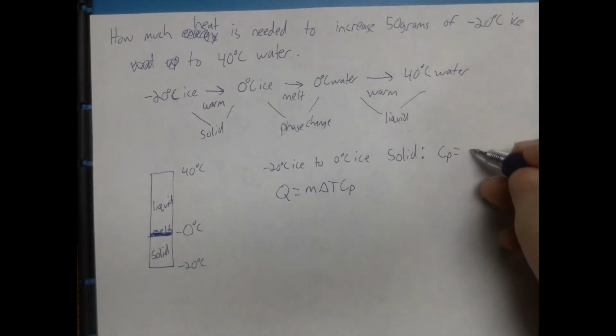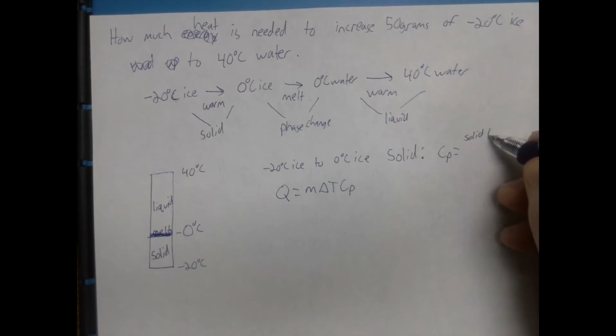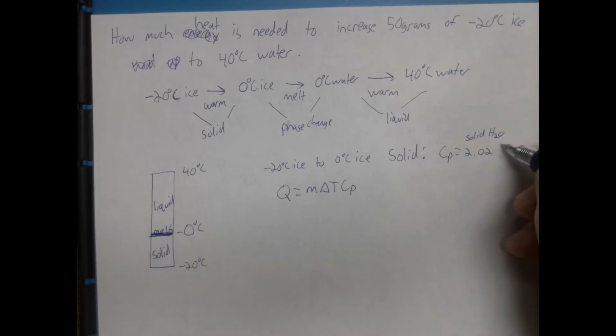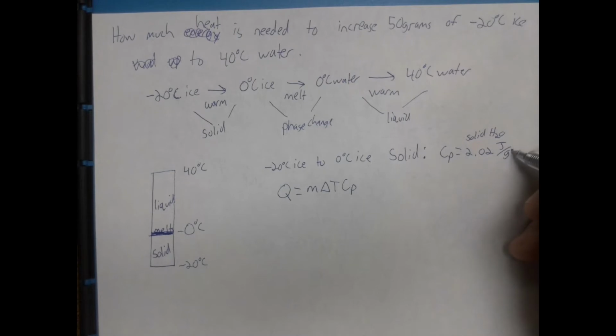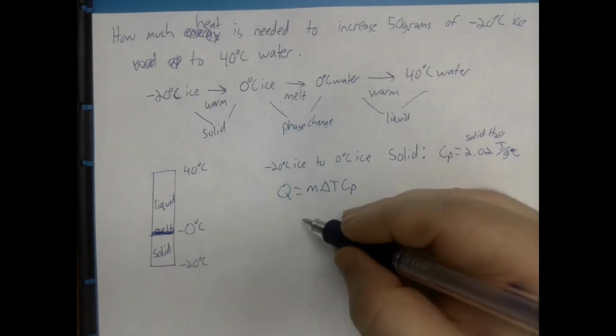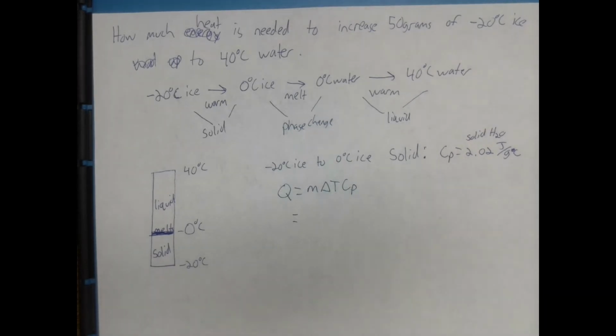We'll use that the Cp for solid H2O is 2.02 joules per gram degree Celsius.